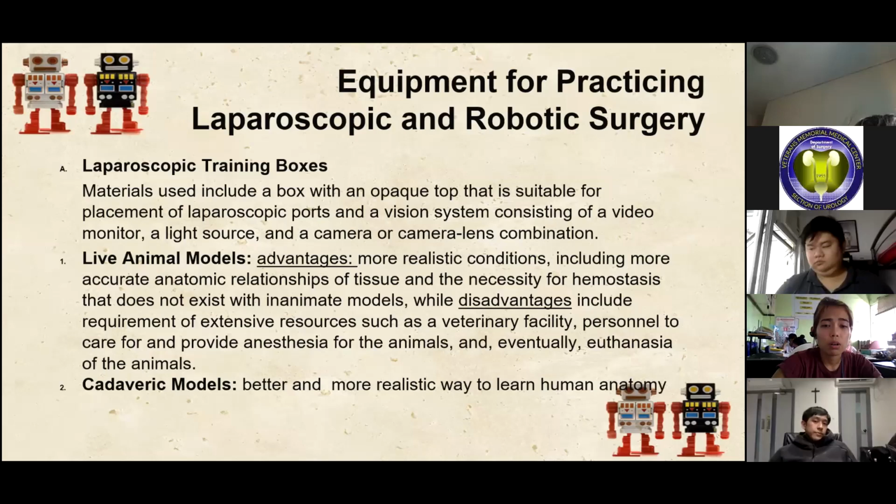So this is the example of the laparoscopic simulator, which can monitor and track progress over time in terms of precision, economy of motion, and other parameters of it.